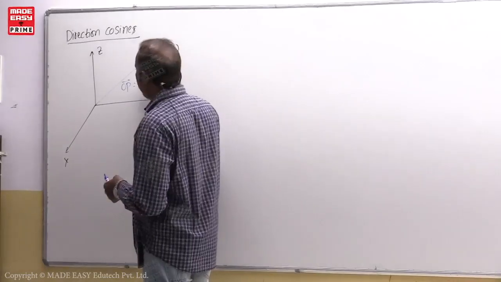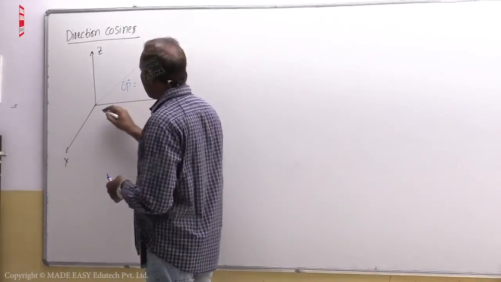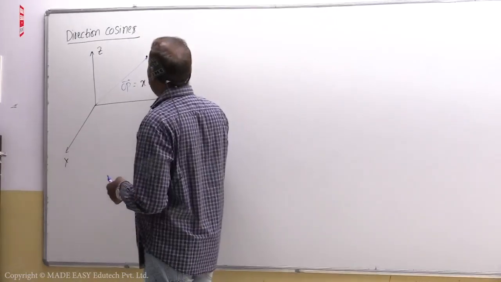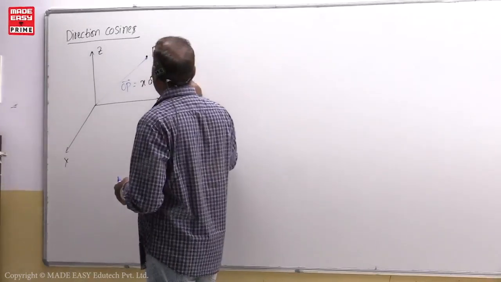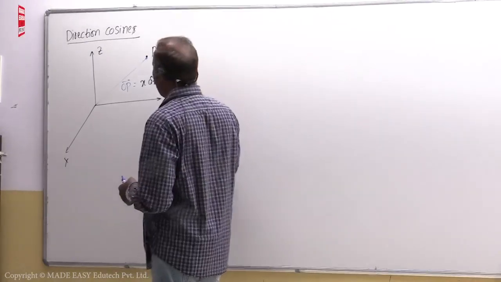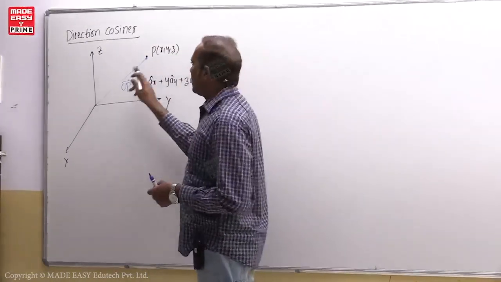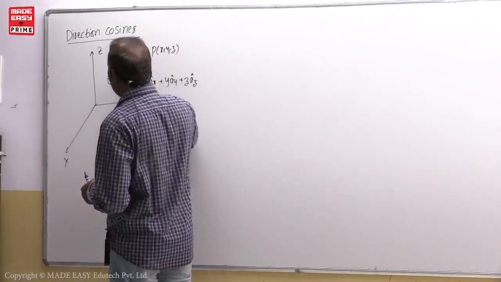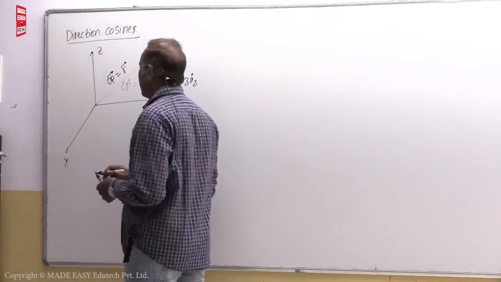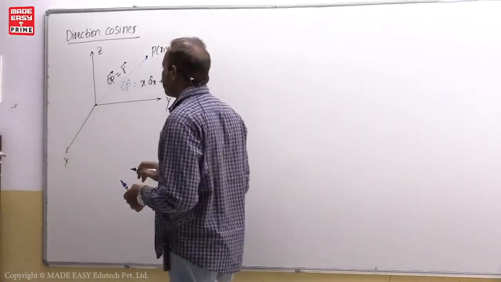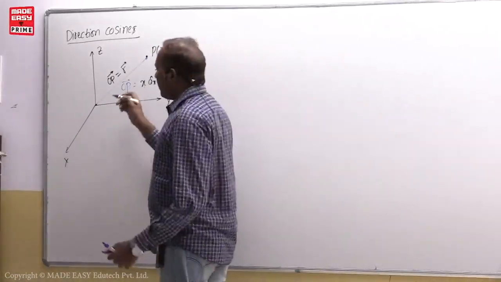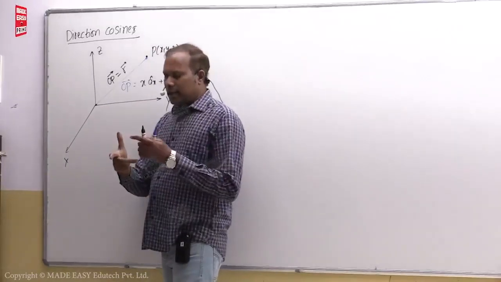OP bar is equal to x ax + y ay + z az, the positional vector from the origin to point P. This OP bar is also called the R bar vector sometimes.